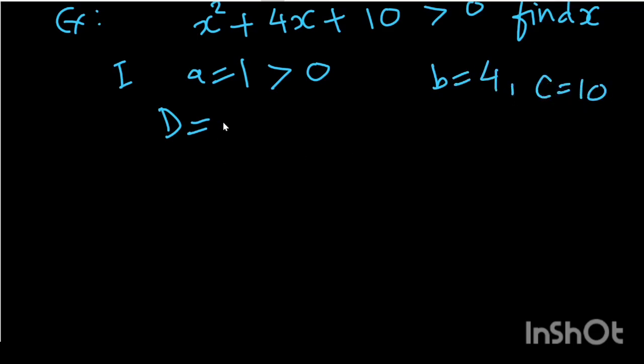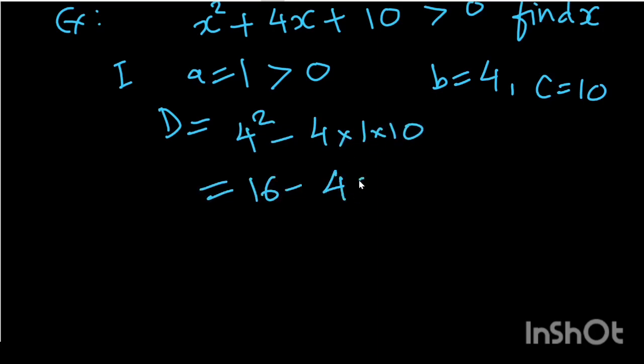So b square minus 4 into 1 into 10, which is 16 minus 40. So directly you can write negative instead of calculating, or minus 24 you can calculate also. So it is negative, so you can write x belongs to R.